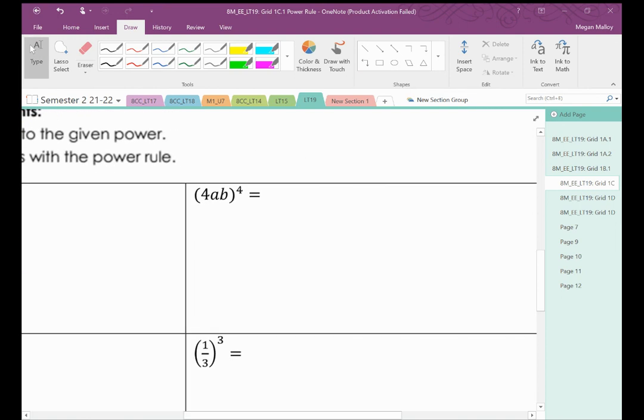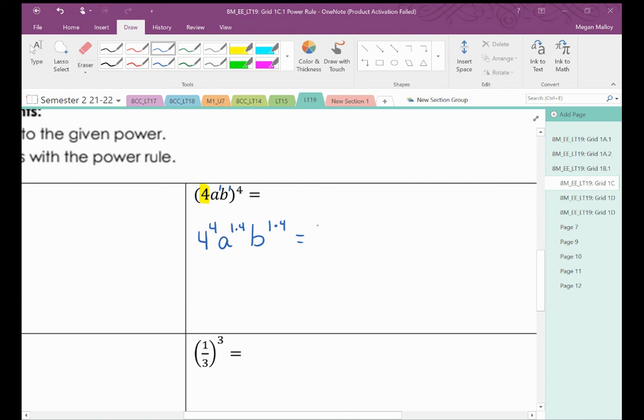In our second example, I'm first going to look at that coefficient. I'm going to raise that coefficient to the power, so 4 to the 4th power. A has an exponent of 1, so that would be a raised to the 1 times 4. And b has an exponent of 1, so that would be b to the 1 times 4.